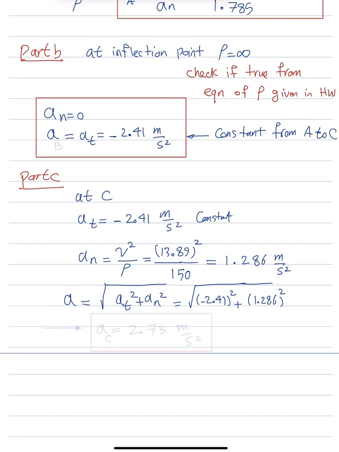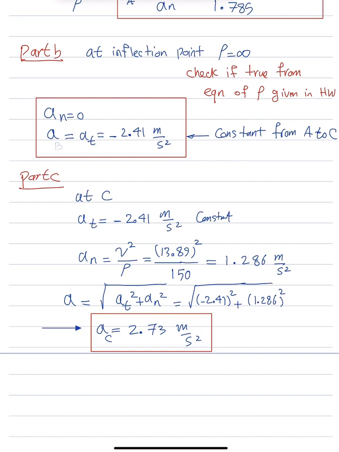Let me write it down there so there's enough space. So basically A at C is 2.73 meters per second squared. And let's put this in a box.